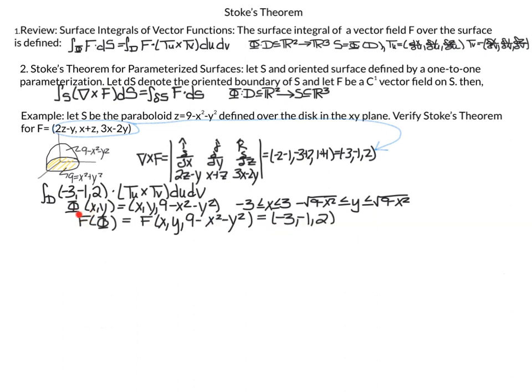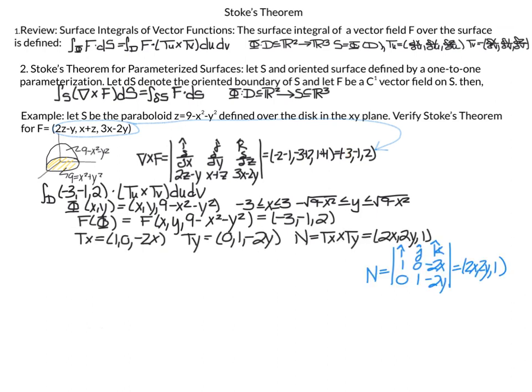Now when I compose F with phi, I have F of x, y, 9 minus x squared minus y squared, but actually my F, which is my curl, isn't that interesting of a function. It just assigns everything to -3, -1, 2. Now use phi to figure out my tangent vectors.